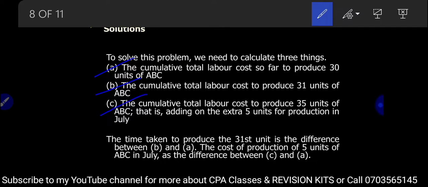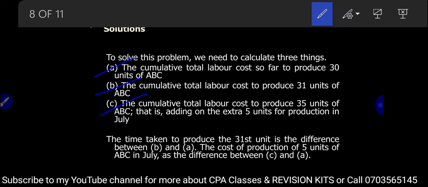Meaning that if I want to find out the time taken to produce the 31st unit, I need to come up with the value of A and the value of B. Then the difference between B and A is the time taken to produce that 1 unit that makes the 31st unit.